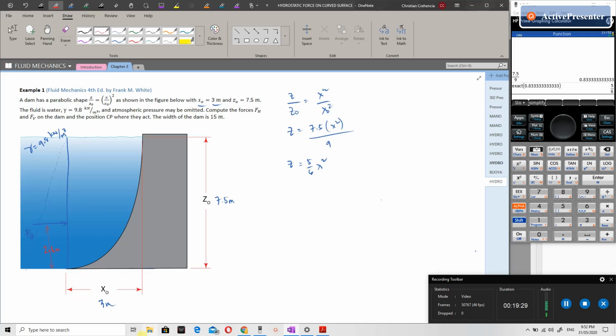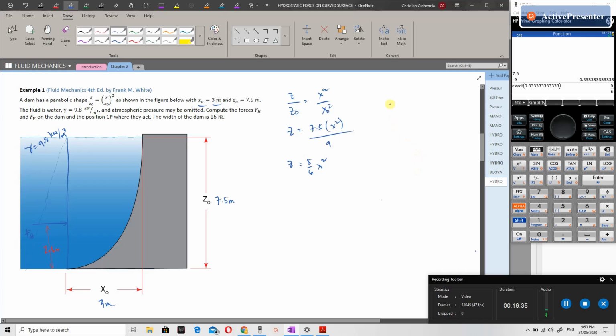So if we apply the formula, just to check our location, let's consider this height as y, the center of pressure YCP. Solving for YCP, that is equal to I, the moment of inertia, over area times y bar.